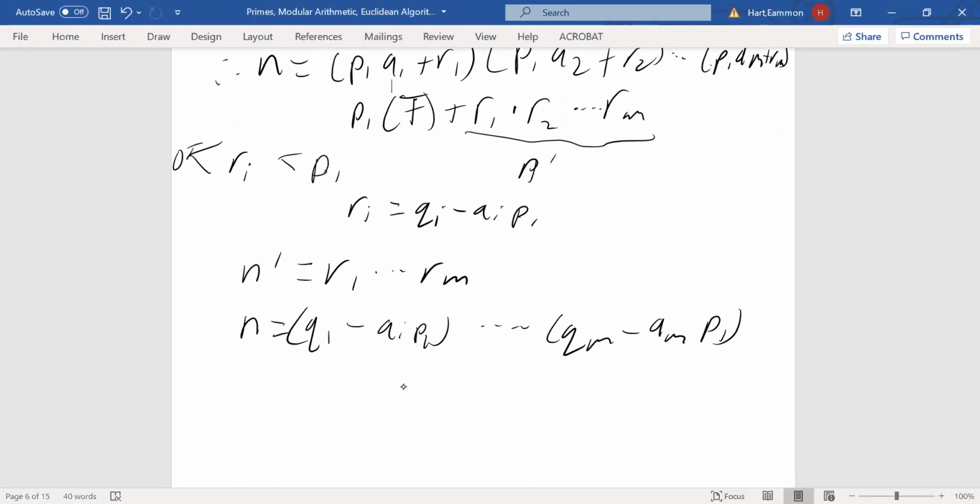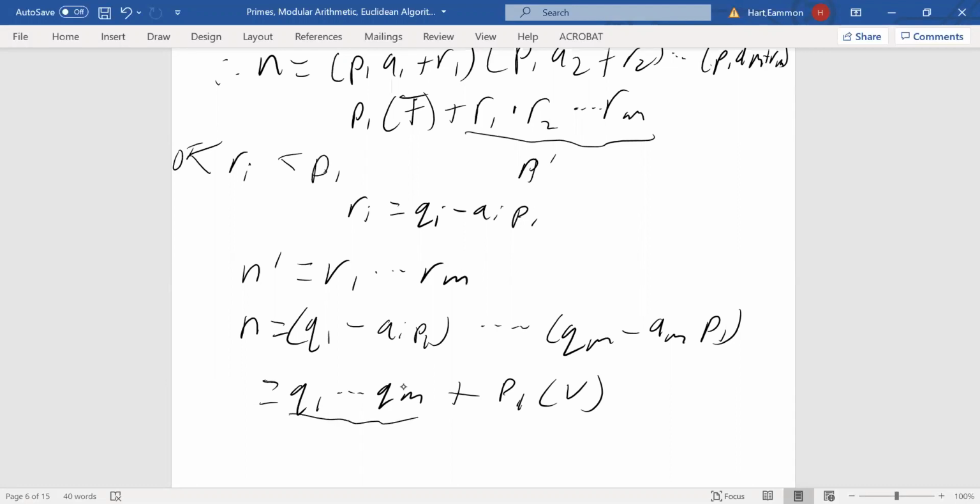So if I multiply these guys out, I'm going to get that's equal to Q1 through Qm, so that all of these first terms, when I multiply them out, plus P1 times something we'll call V. So P1 times some integer V. I'm just pulling out all those P1s because all of them, except for the first term, have a P1.